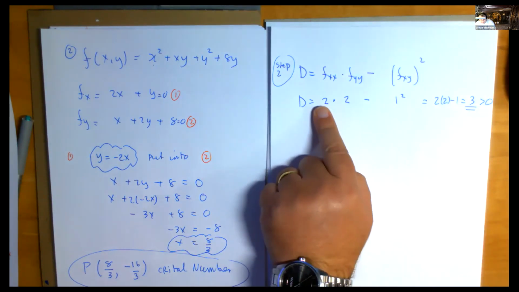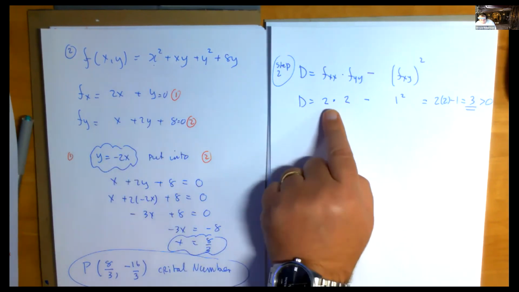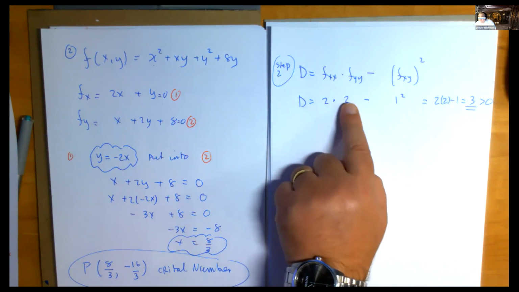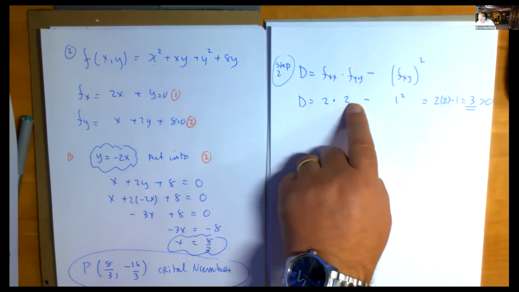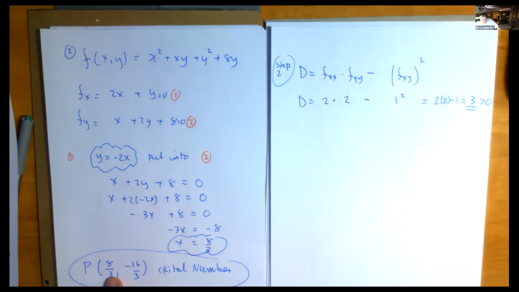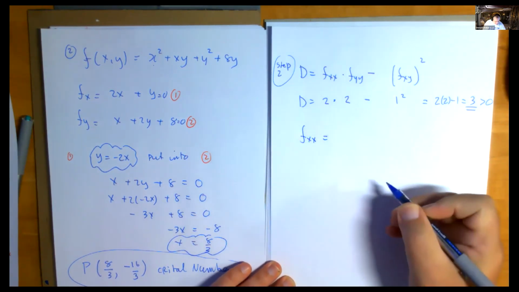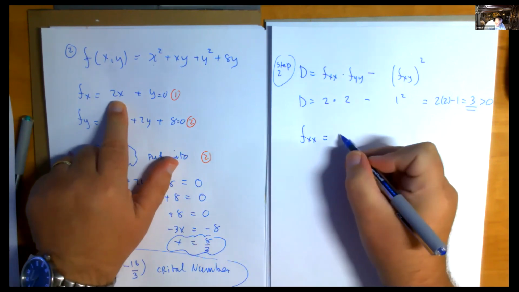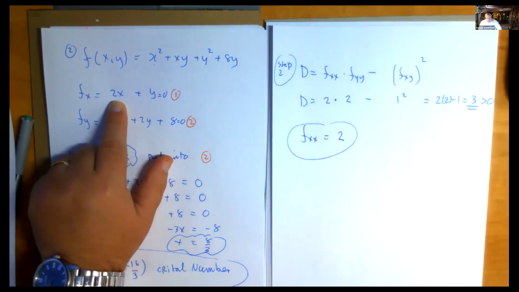Now, in this particular question, the original function was so simple that the second derivatives were just numbers. But can you imagine if this was x cubed, this might be 2x and that might be 2y plus z, or stuff like that, in which case these numbers would get used. Now, I still need to know what the second derivative with respect to x is, and unfortunately for this question, it's just a number.